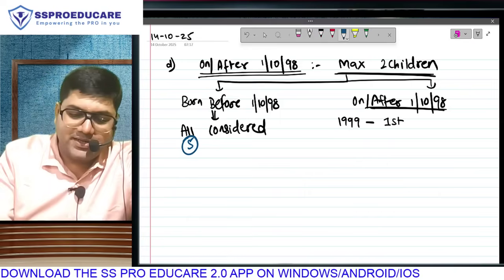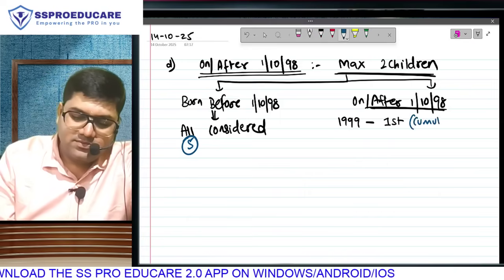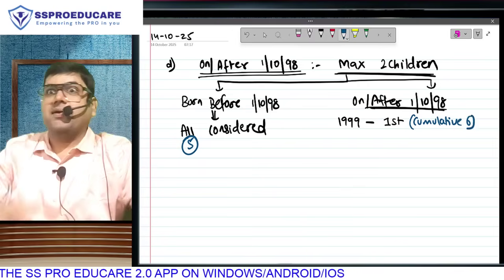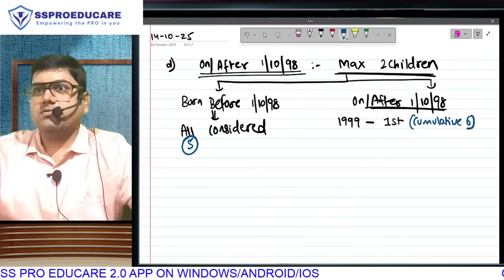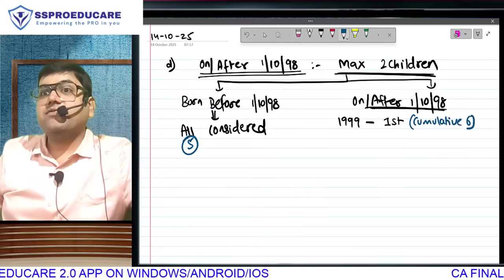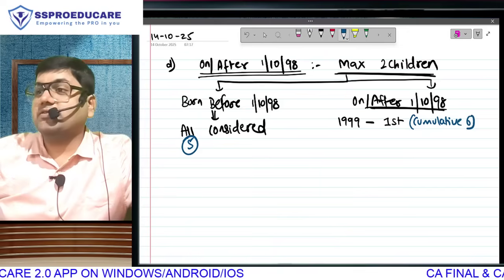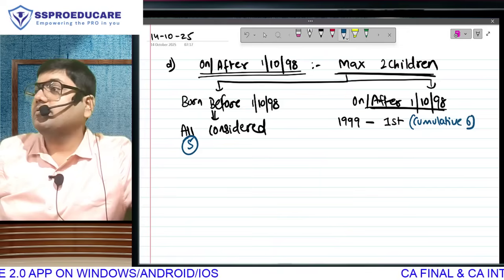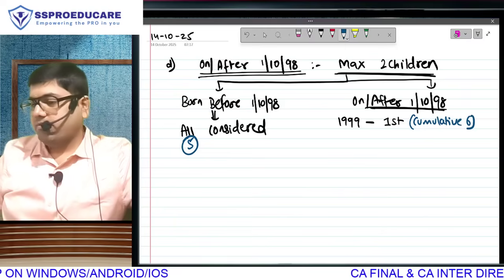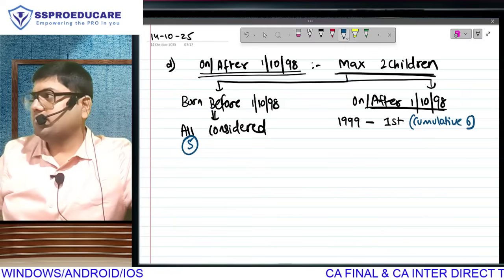In total it is 7 plus 2, where the plus 2 is self and spouse. Will this child also be considered? Yes, because for existing children there is no restriction. The restriction is only on newborns after this date. Do you understand?